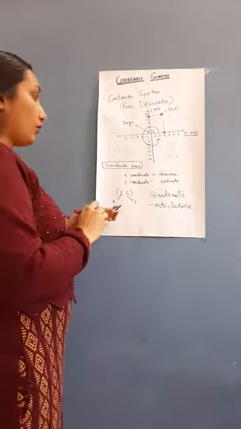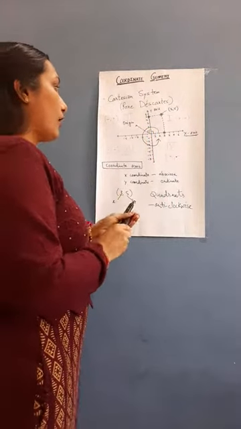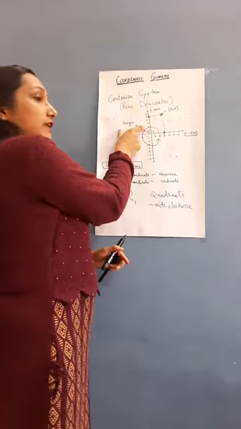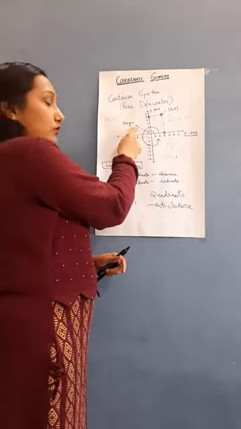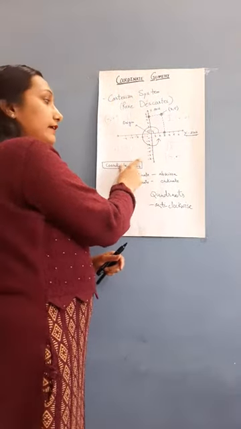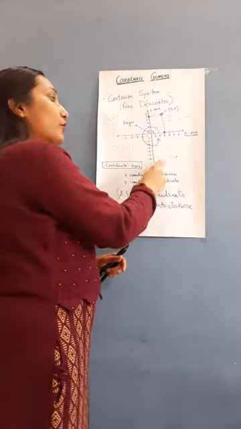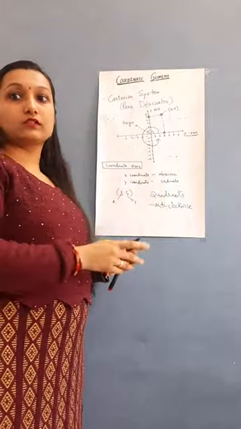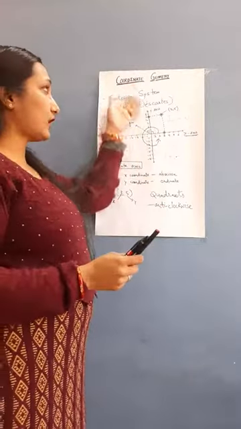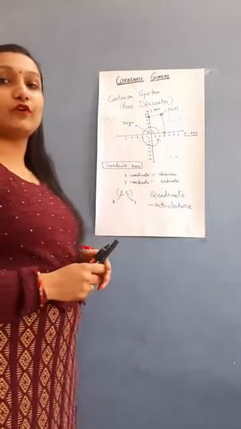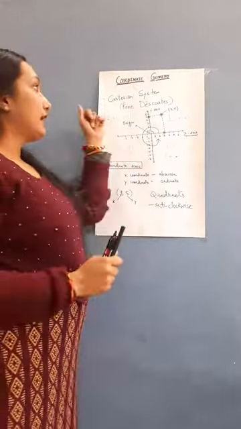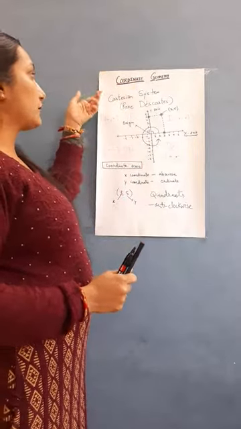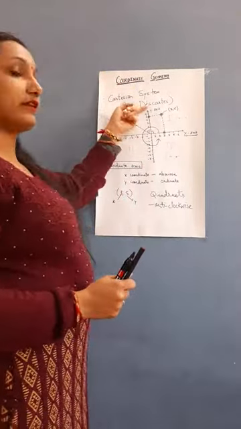So this is how our coordinates work. I hope all this is clear, and this is the summary of our chapter Coordinate Geometry. We have understood the Cartesian system, which is given by René Descartes.